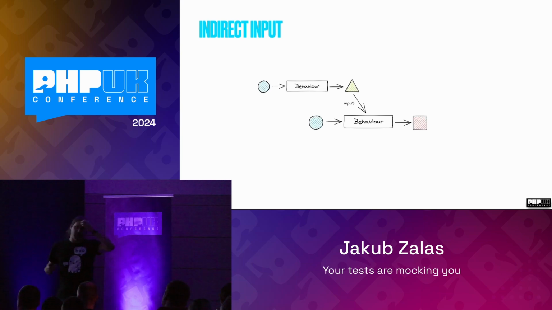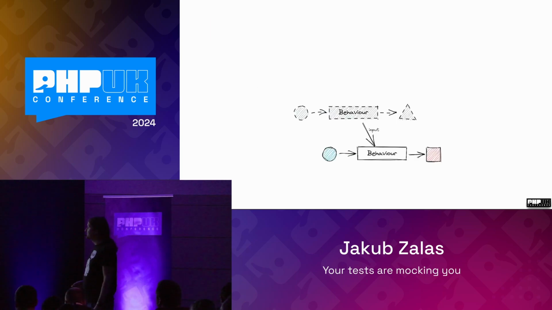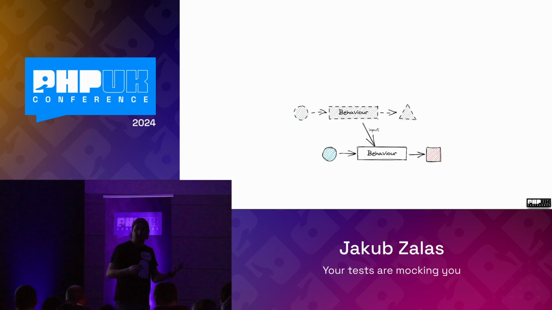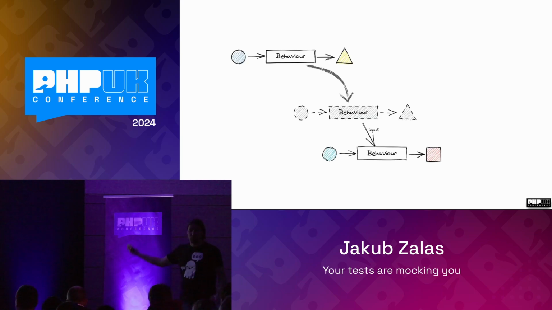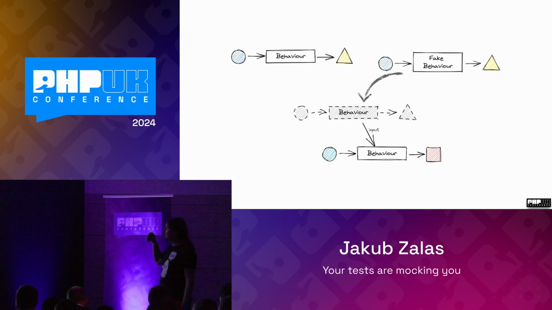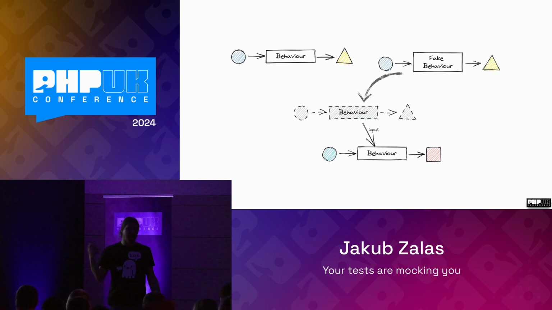So starting with indirect input, that's some behavior that we need to invoke to get that input into the behavior that we're testing. So usually it's modeled as an interface, so that slot that we can put various things in. In production, we'll put the actual real thing in. In the test, we will put a fake behavior that we can control.